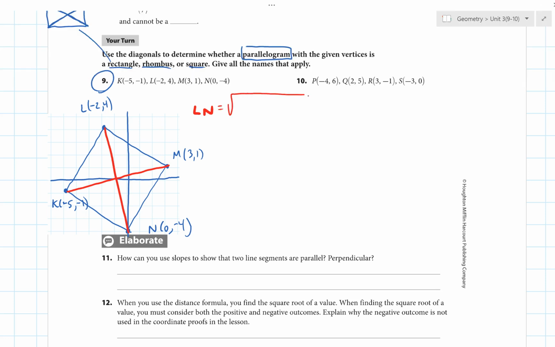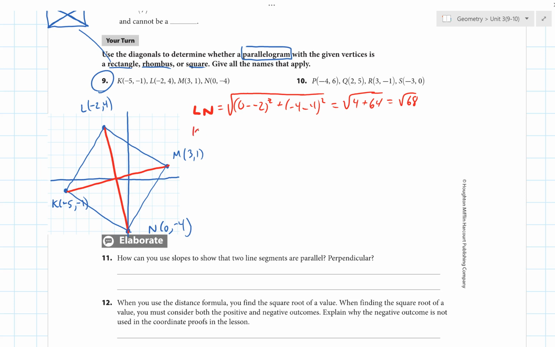And so that would be 0 minus -2 squared plus -4 minus 4 squared. That is the square root of 4 plus 64, or square root 68.